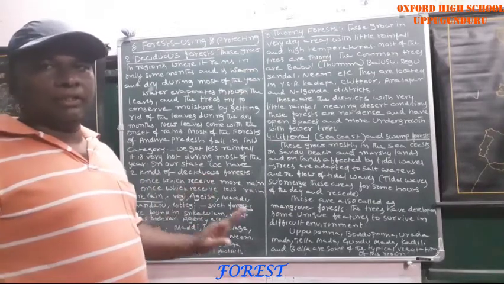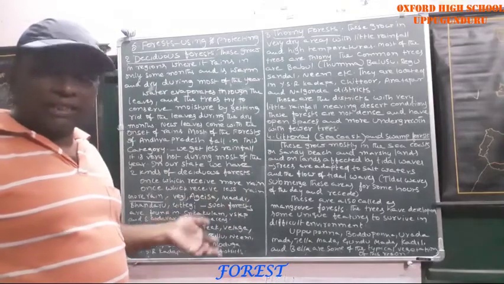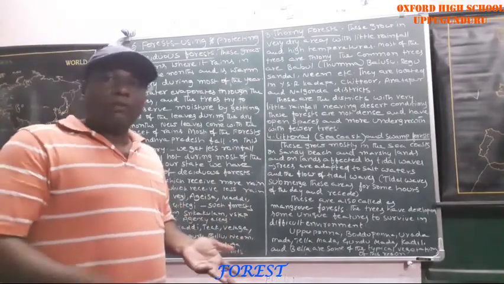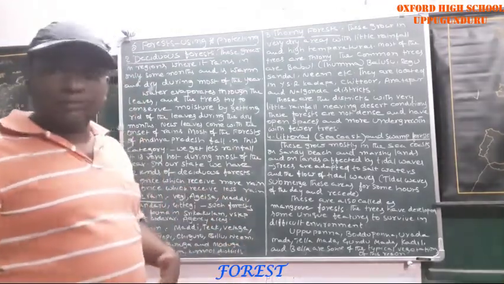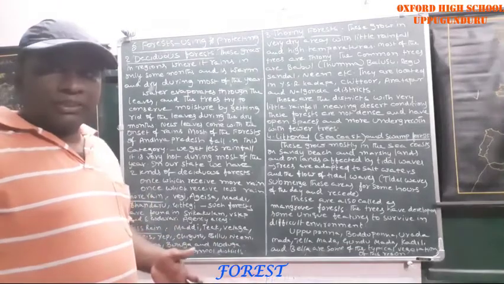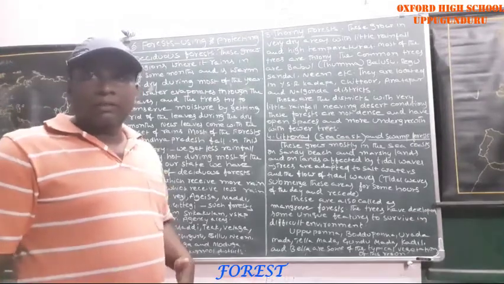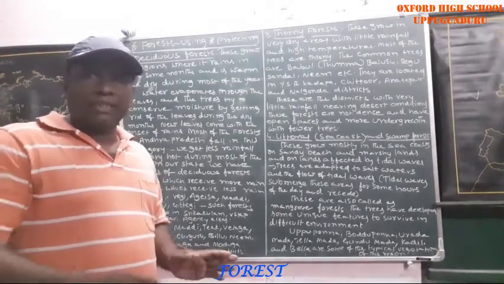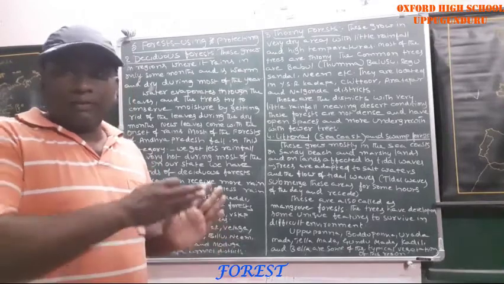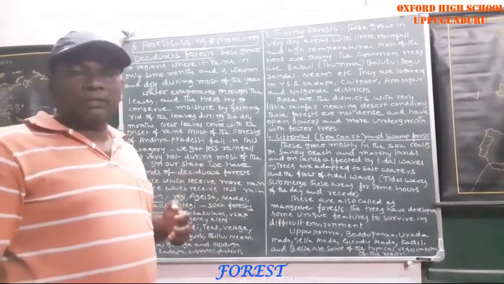Especially the trees which are growing in those regions shed their leaves. Why, sir? Why are the trees shedding their leaves? You know very well, generally a tree evaporates water from the leaves, isn't it? So if the tree bears the leaves, then automatically it consumes more water.